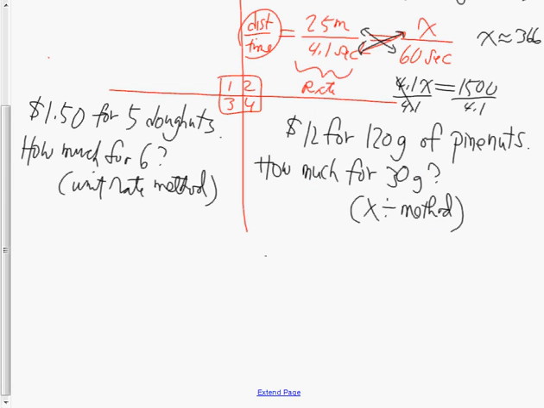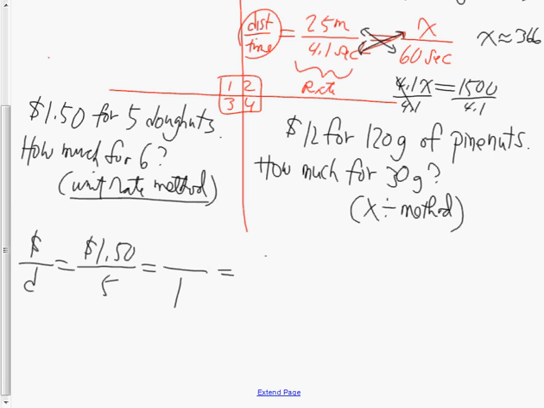The third question says $1.50 for 5 donuts. How much for 6? And it says use the unit rate method. Okay? So the first thing I'm going to do is establish cost per donut. So my first rate is $1.50 for 5 donuts. That's the rate of cost for 5 donuts. And that is going to be proportional to how much for 1.